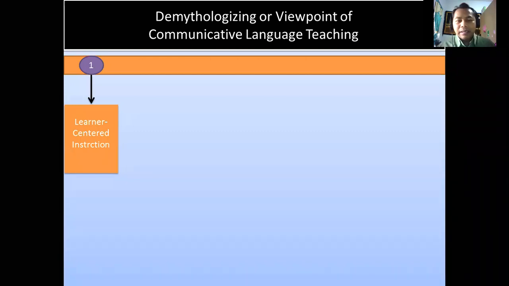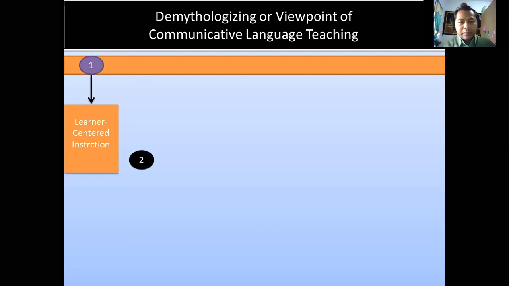Without implementing learner-centered instruction, you cannot, as a teacher, implement communicative language teaching itself. So this is not an approach. All the activity uses the word instructions. The meaning of instruction in bahasa Indonesia is pembelajaran. It's not instruksi, yeah. Instructions mean pembelajaran.